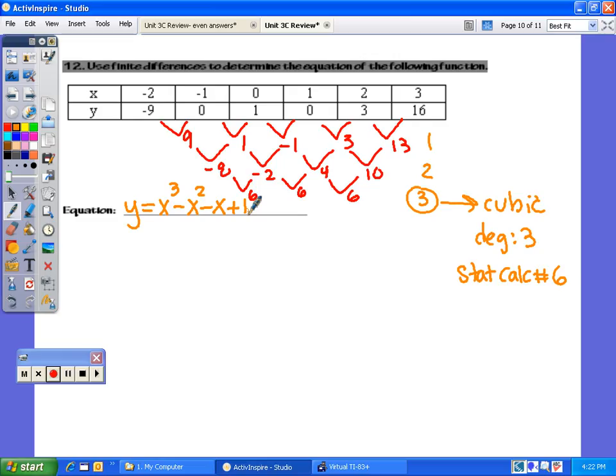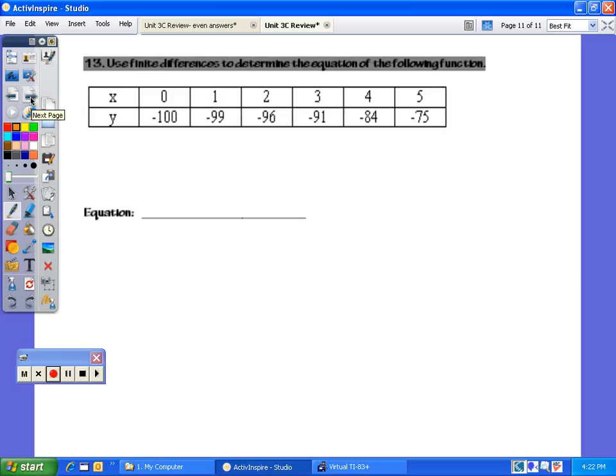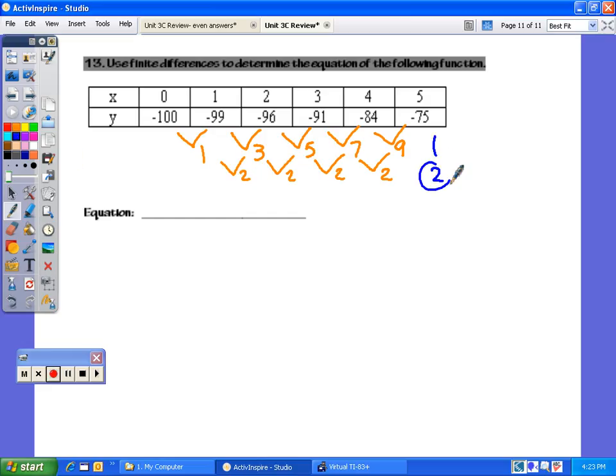Alright, last question. Alright, well, we had to wind up doing this 2 times. 2 is called a quadratic.